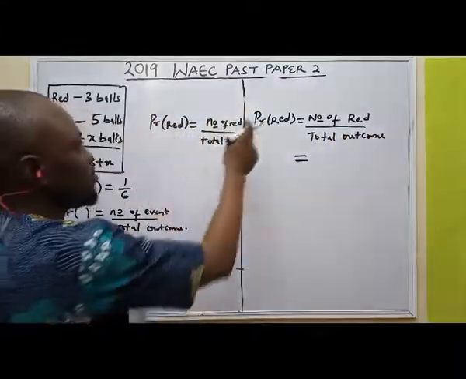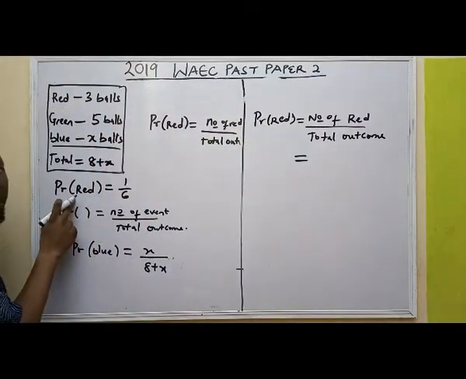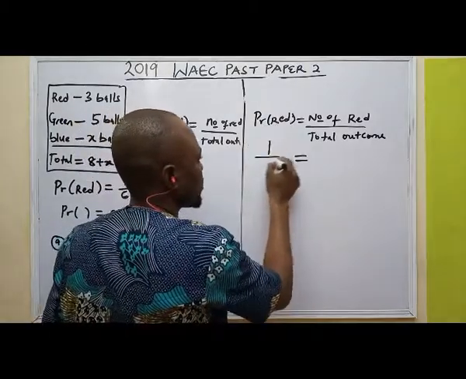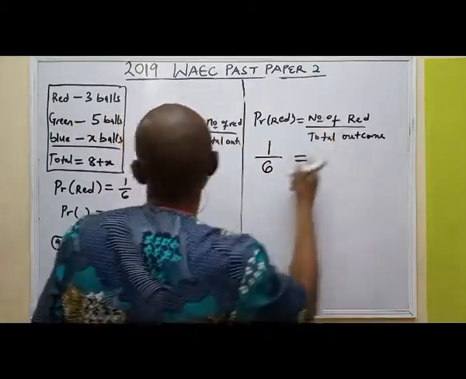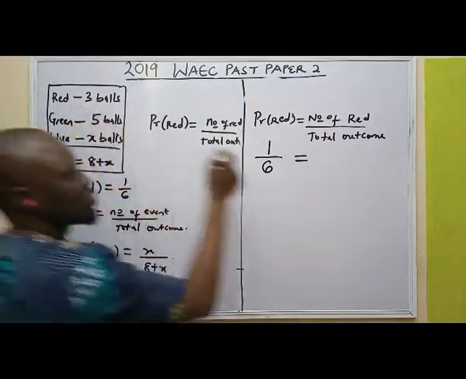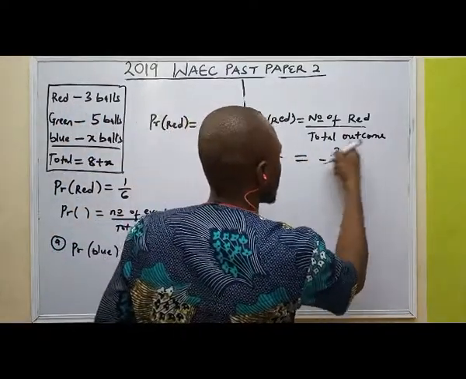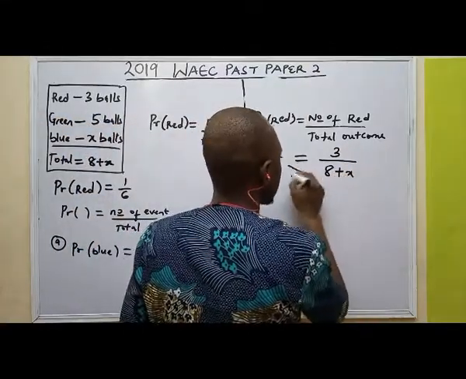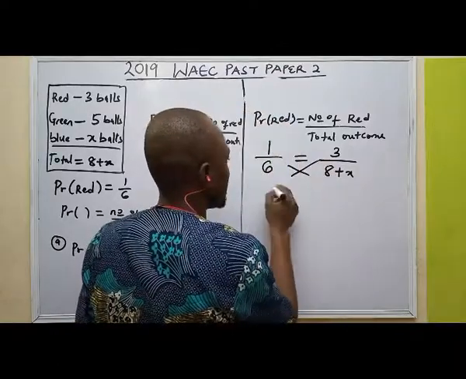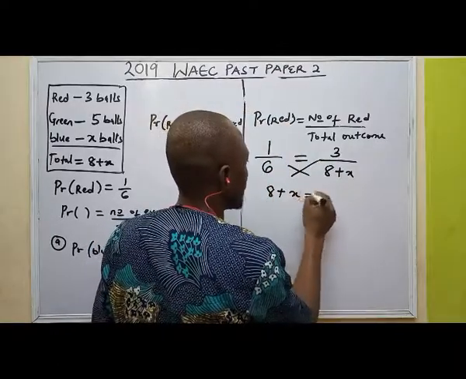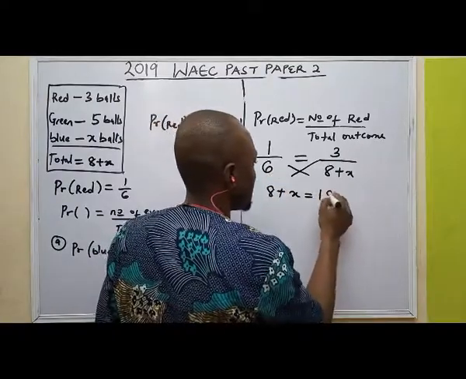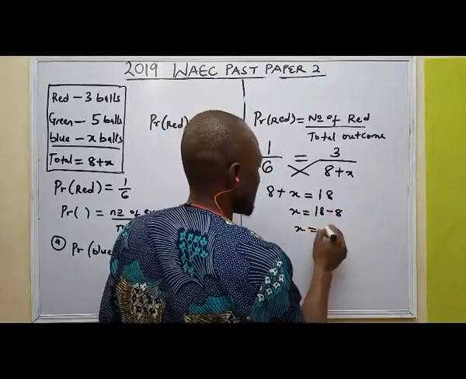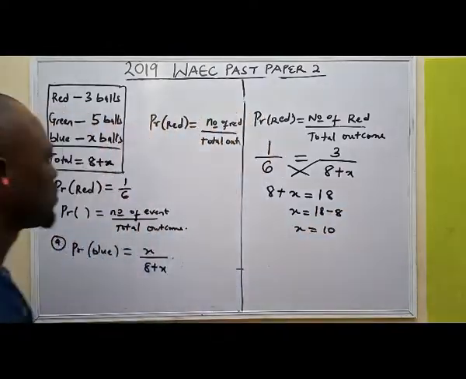We already know the probability of red is 1/6, so I'm going to plug it in here, 1/6. The number of red balls is 3, so I'm going to plug in 3 here, all over the total outcome, 8 plus x. So I'm going to cross multiply. 1 times 8 is 8, plus 1 times x is x, equals 6 times 3, which is 18. So x is 18 minus 8. So x is 10.